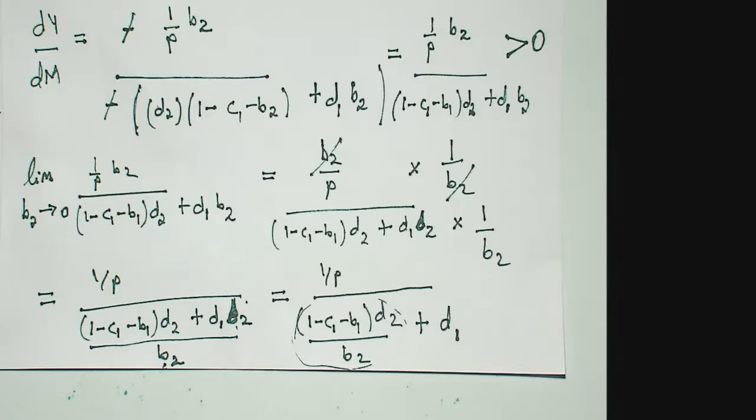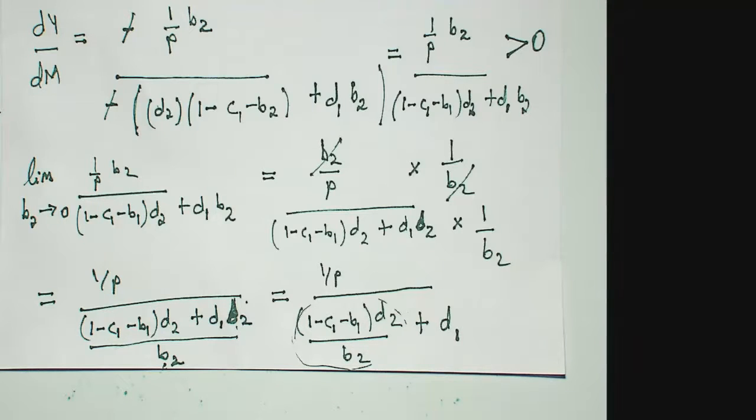So this is again to say that 1 minus c1 minus b1 multiplied by d2 divided by b2 is converging to infinity, and this is caused by the fact that our b2 is converging to 0. If b2 is converging to 0, this is to say b2 is becoming a really small number. So this makes our entire term of 1 minus c1 minus b1 multiplied by d2 divided by b2 converge to infinity. So infinity plus d1 would be our denominator as the entire sum of what we have just derived.